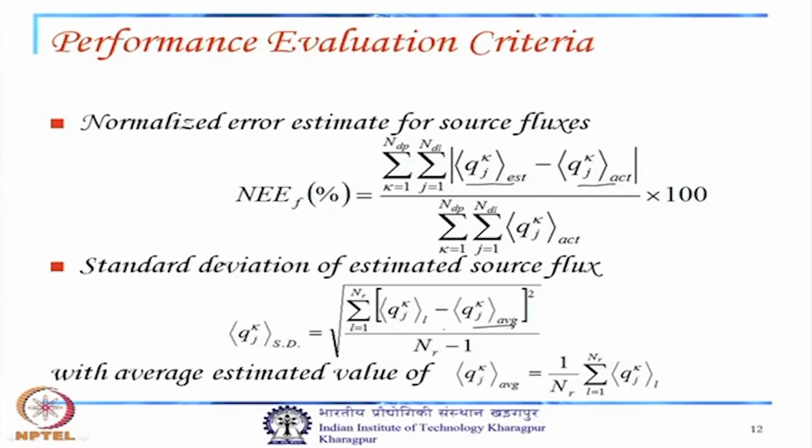This is the average for a particular case, and this is the number of realizations. So, for multiple realizations, what is the difference? From this we can get the standard deviation of the estimated source flux, and this is the average estimated value of the source strength.